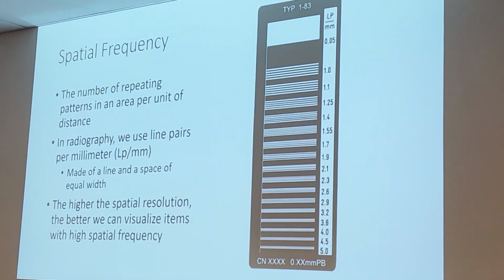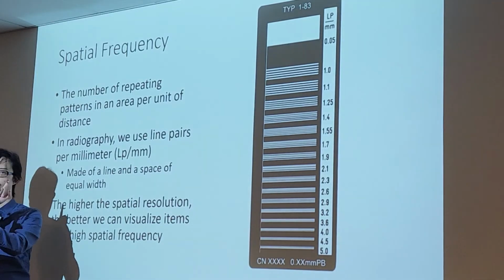So what is a line pair? It is one black line, one white line. It's a pair, we've got 2 of them. You just go black, white, black, white, black, white, repeating this pattern.